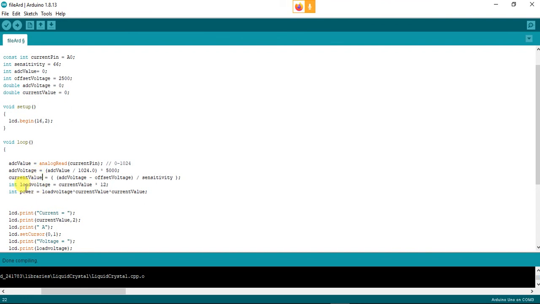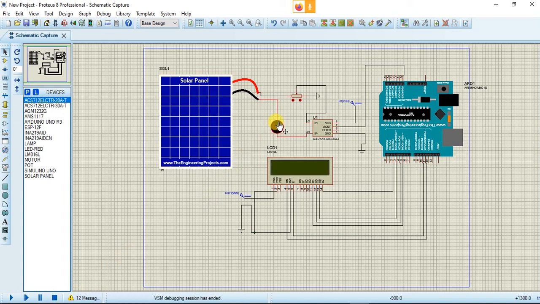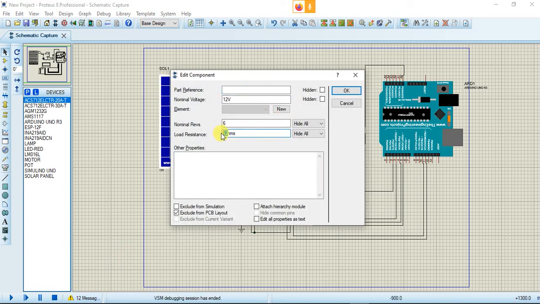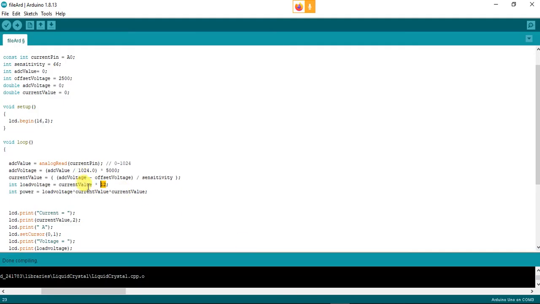solar panel. And when we multiply the resistance, which is 12 ohm, the load resistance of our motor, with the current, then we get the load voltage which is applied by the solar panel.